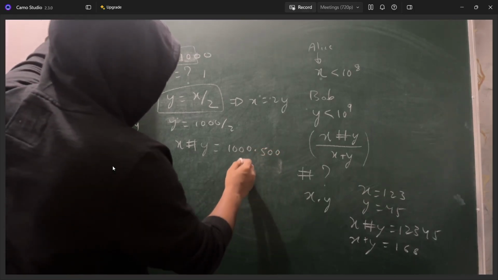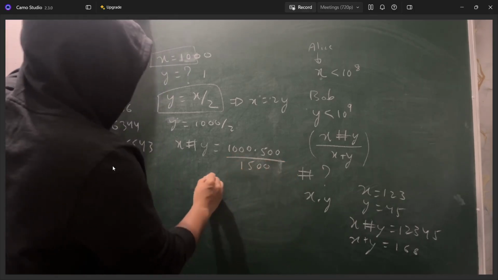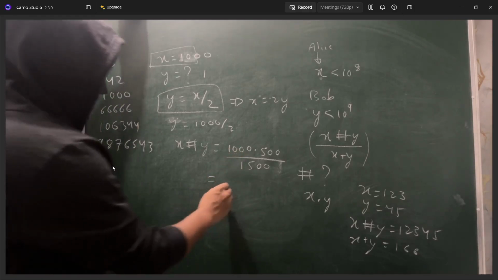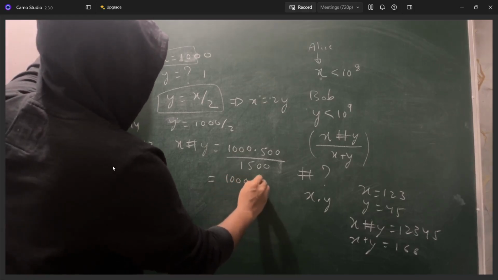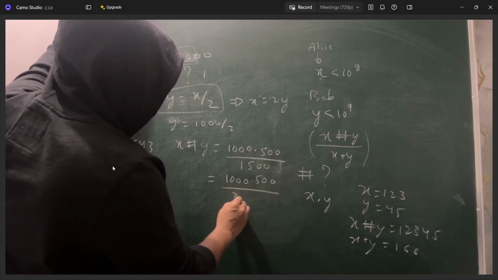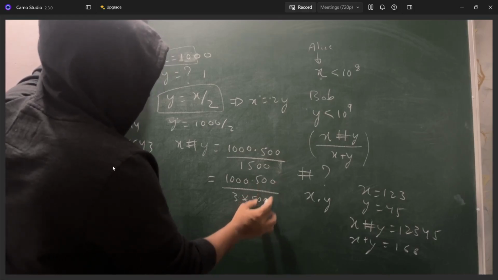Right, and you have in the down as 1500. So now what you can write is, this will be 1000 only into 500. This is a whole number only, and down you can write 3 into 500, which is basically in the form of y you are writing.